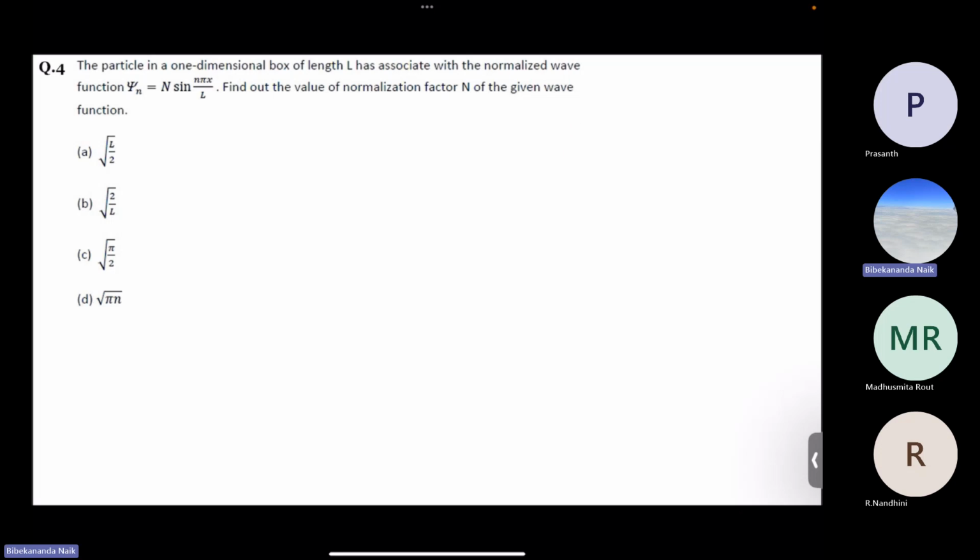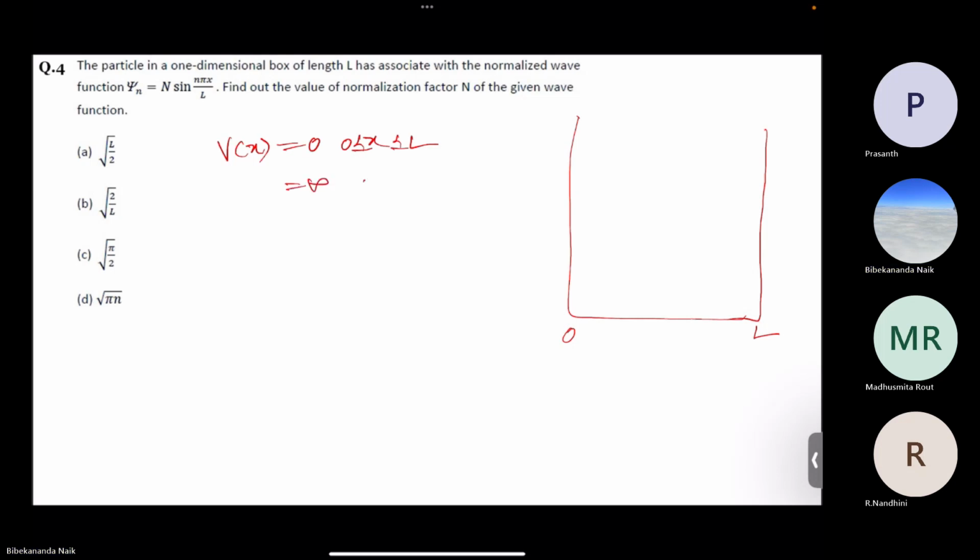The question describes a particle in a one-dimensional box of length L, which is the form of the potential. It means the potential is from 0 to L, so the potential V of x is equal to 0 for x from 0 to L, and V of x is equal to infinity otherwise.